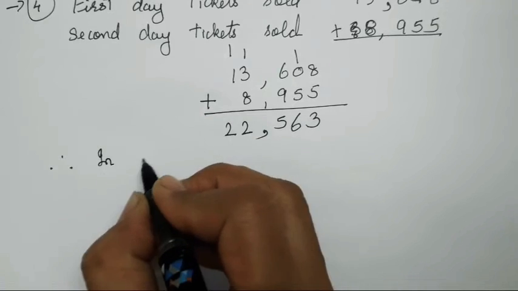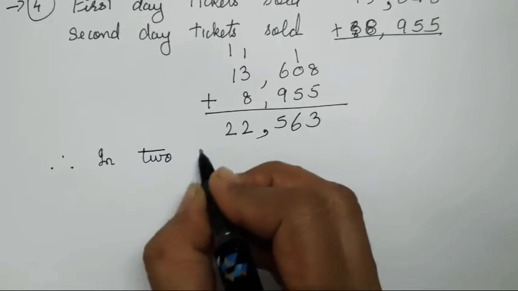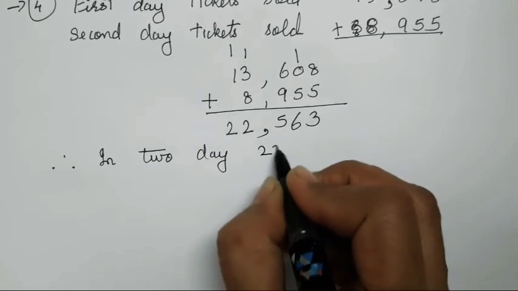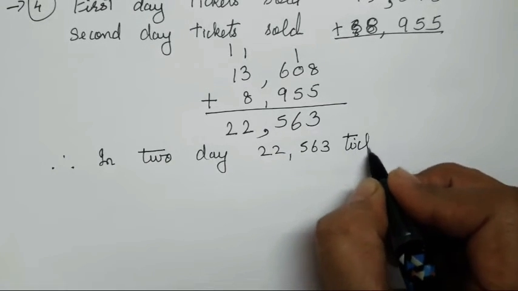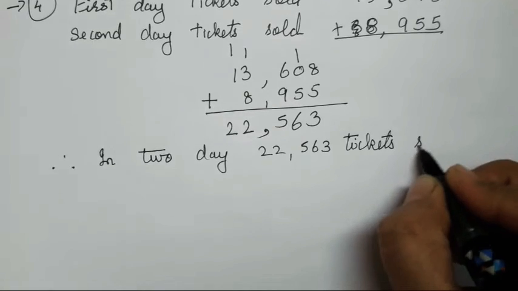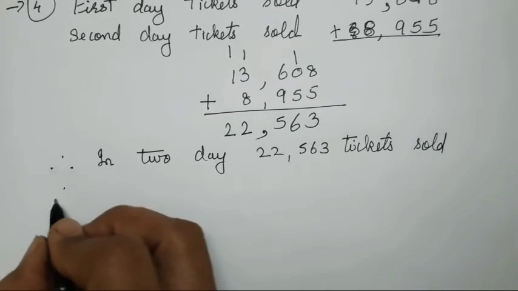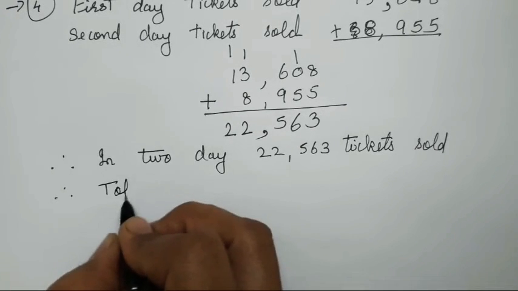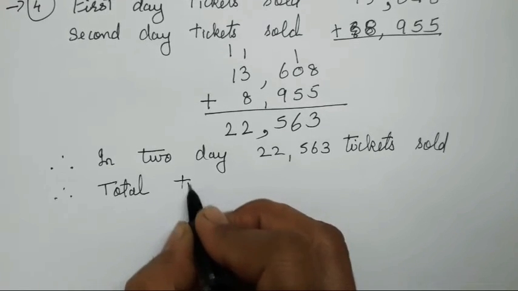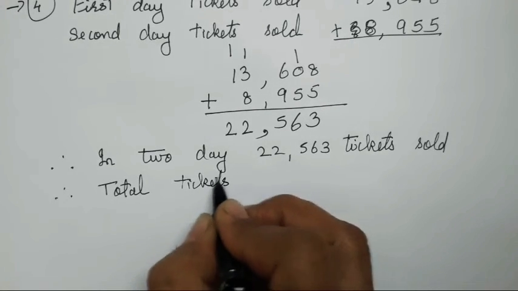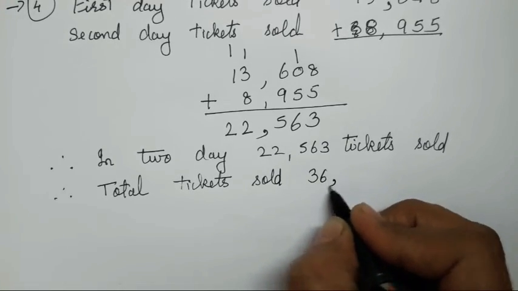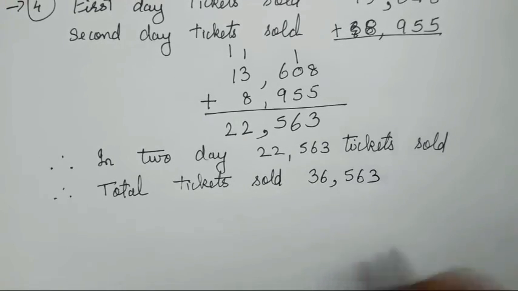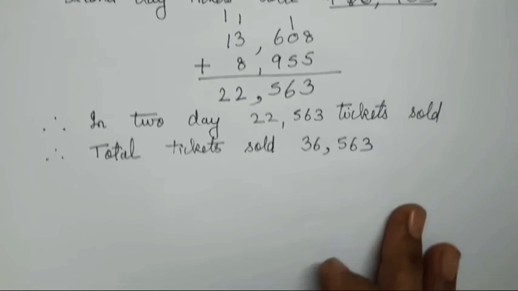So in 2 days, 22,563 tickets sold, and total tickets sold were how many? 36,563. So these two amounts you all have to subtract.